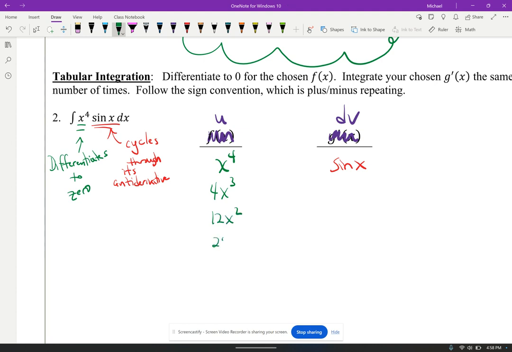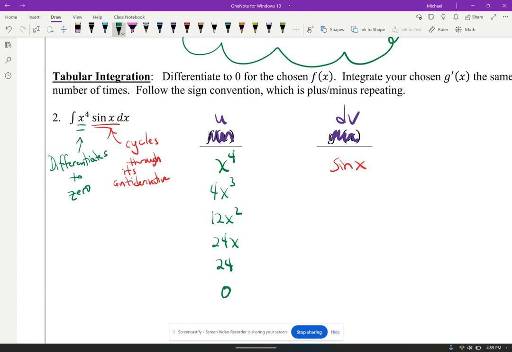The derivative of that would be 24x. The derivative of that would be 24. And the derivative of that would be 0. So I took derivatives all the way until I got to 0, and by the way, that was 1, 2, 3, 4, 5 steps. So that means on this side, I'm going to have to take 5 antiderivatives.